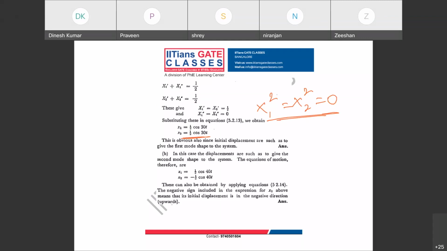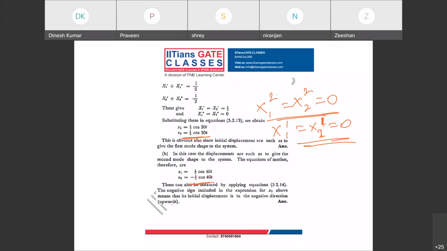Same way, in the case where they are displaced in opposite directions, x1 1 will be equal to x2 1 and it will be 0. So your system vibrates only in the second mode.